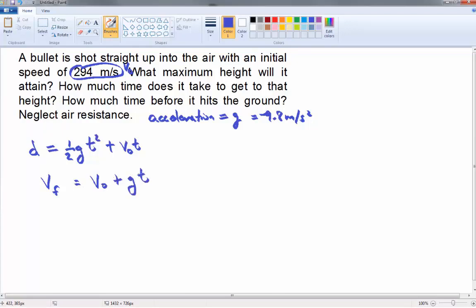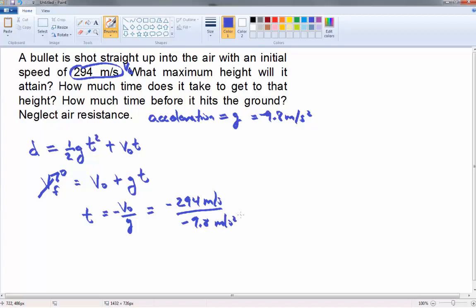So if we take this thing right here to be 0, then we can get the time that it takes to get to the top. And so t, rearranging this equation, is v naught over g. It's negative v naught over g. So that would be negative 294 meters per second divided by negative 9.8 meters per second squared.